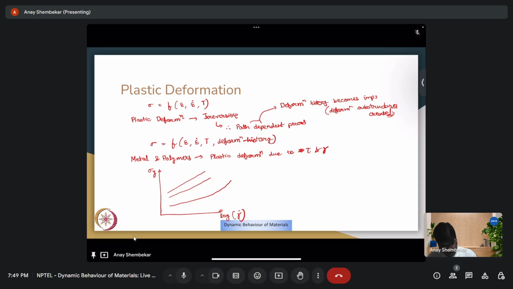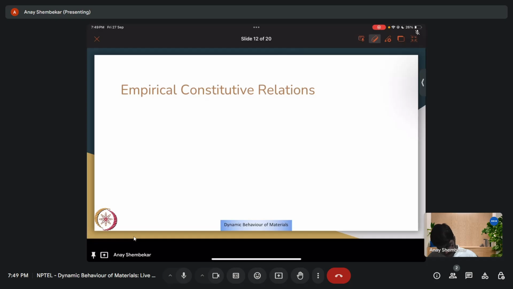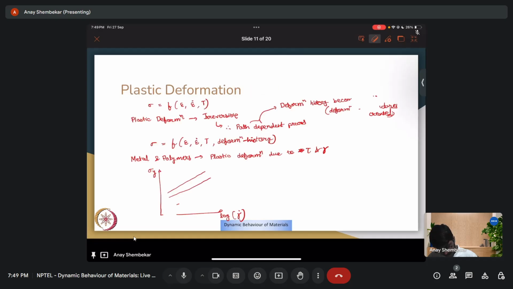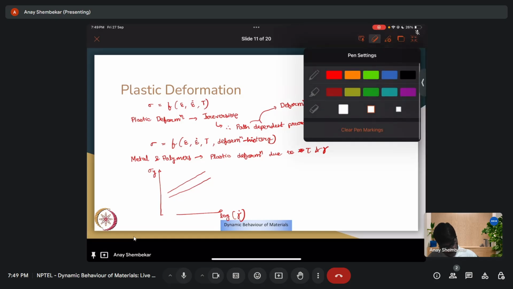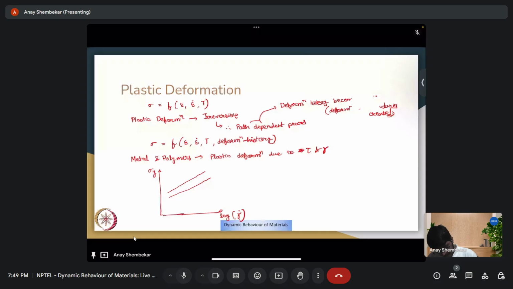So this is a plot for lower yield stress for mild steel.